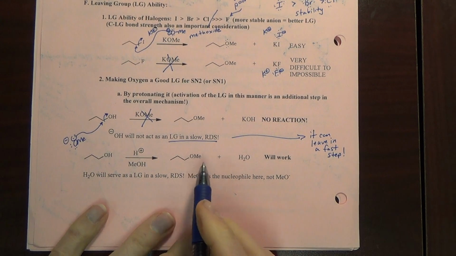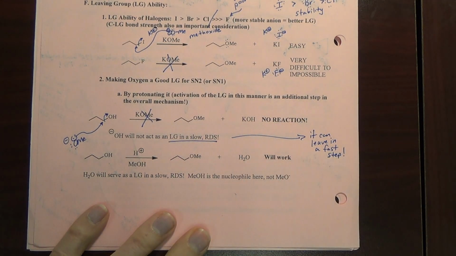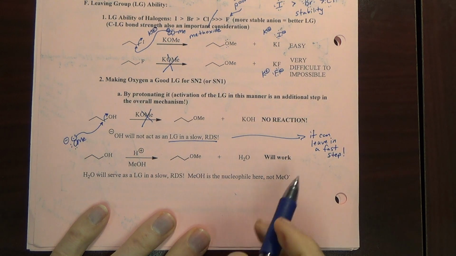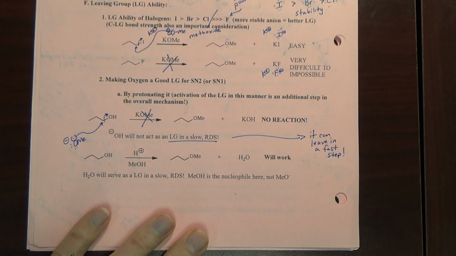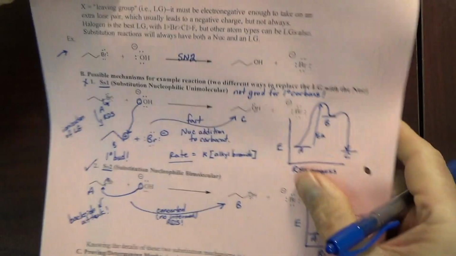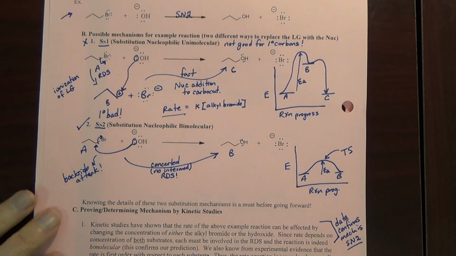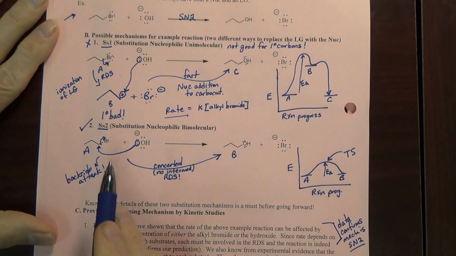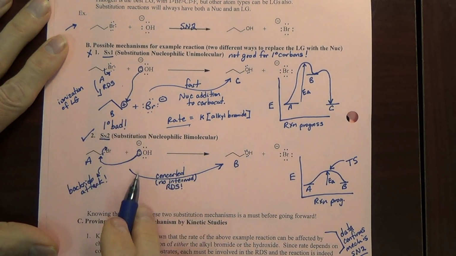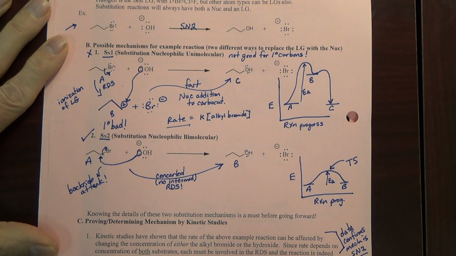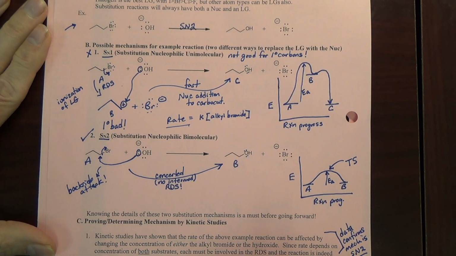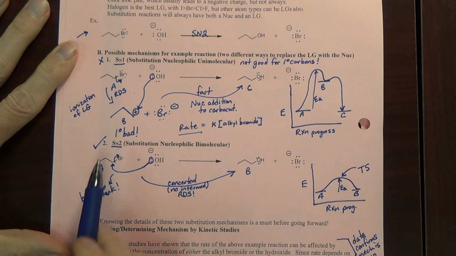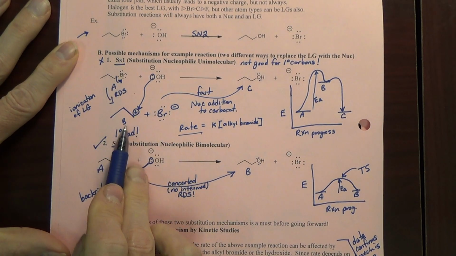All right. Now I don't want to confuse things here, but at the same time we need to understand rate determining steps for our two mechanisms. If you look at our two mechanisms as a review, I could ask a question. In which mechanism does the leaving group leave in the rate determining step? For SN1, rate determining step is leaving group leaving.